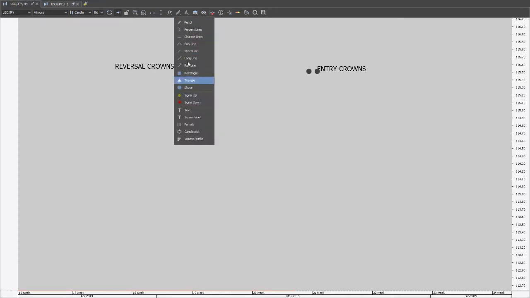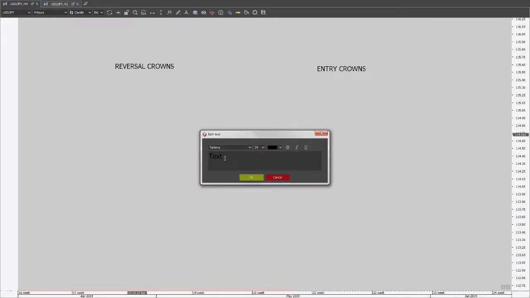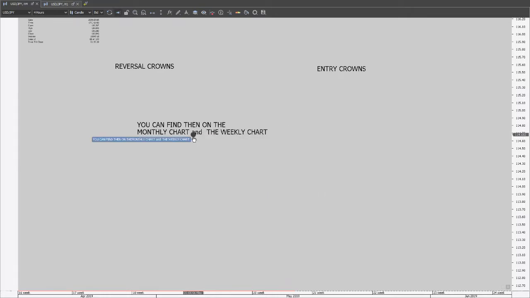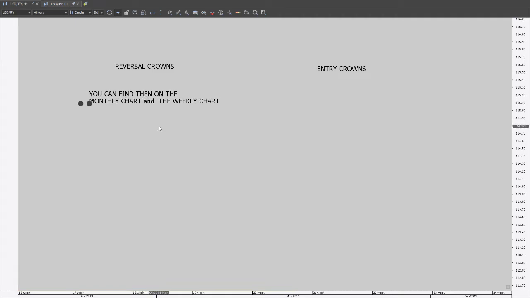The reversal crowns, and this is our rule, everybody, you can find them on the monthly chart and the weekly chart. Remember, this is a non-negotiable rule. You need to obey this.